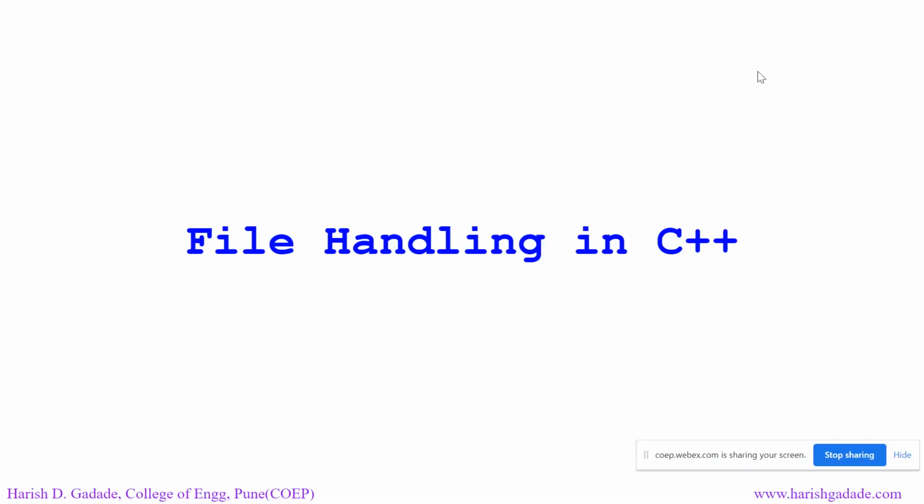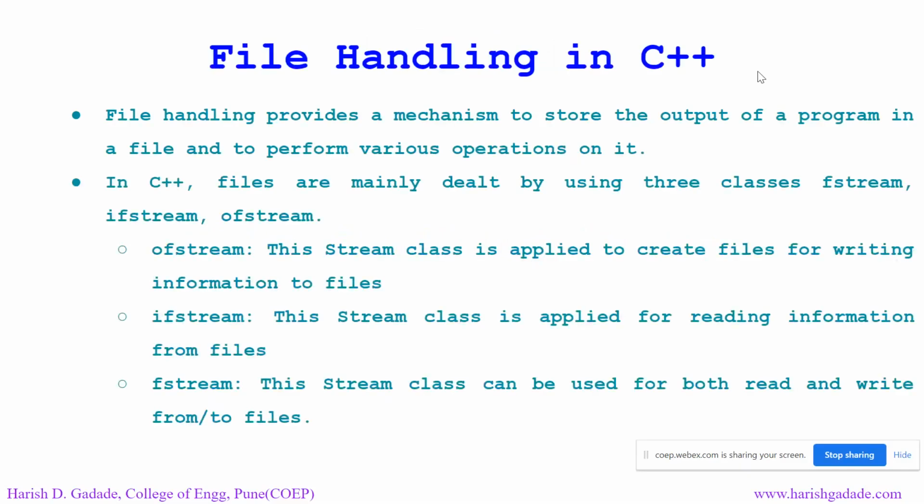So here, as I said, what is file handling? File handling provides a mechanism to store the output of the program in a file and to perform various operations on it. It means file handling allows us to store the data permanently on the secondary disk, and we can perform some operations on that data. One example again, I'll just tell you.